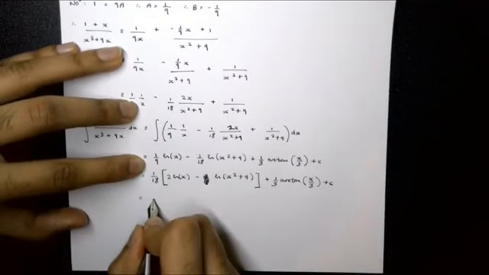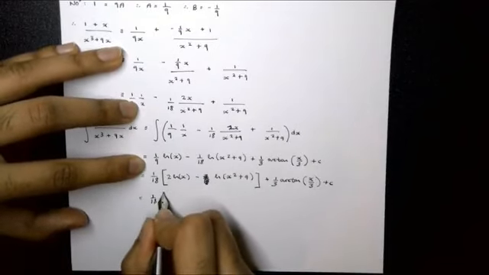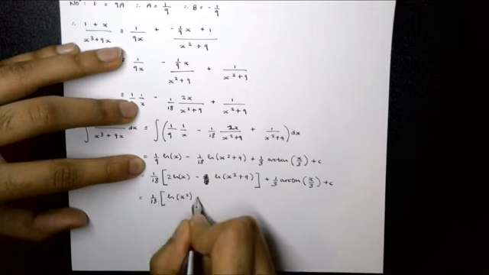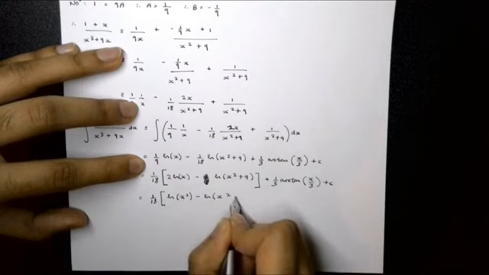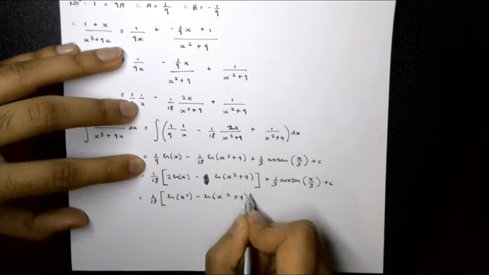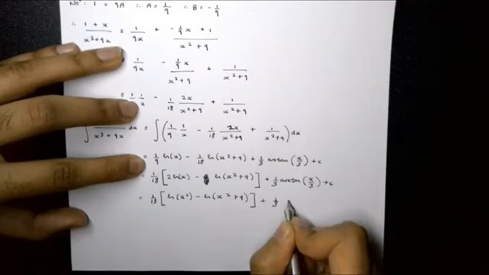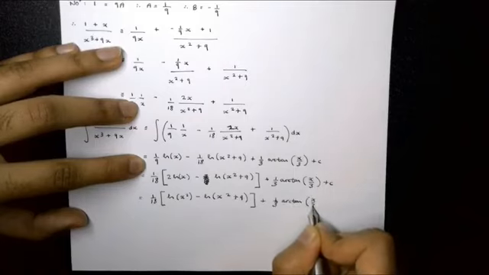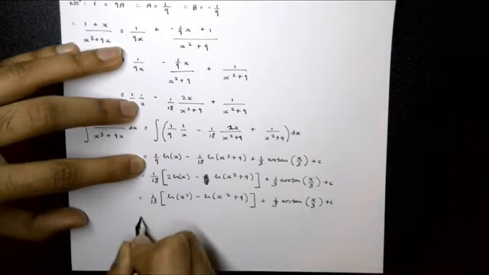So if we power slide this up, we've got 1 over 18 times the natural log of x squared minus the natural log of x squared plus 9 plus 1 over 3 times the arctangent of x over 3 plus c.